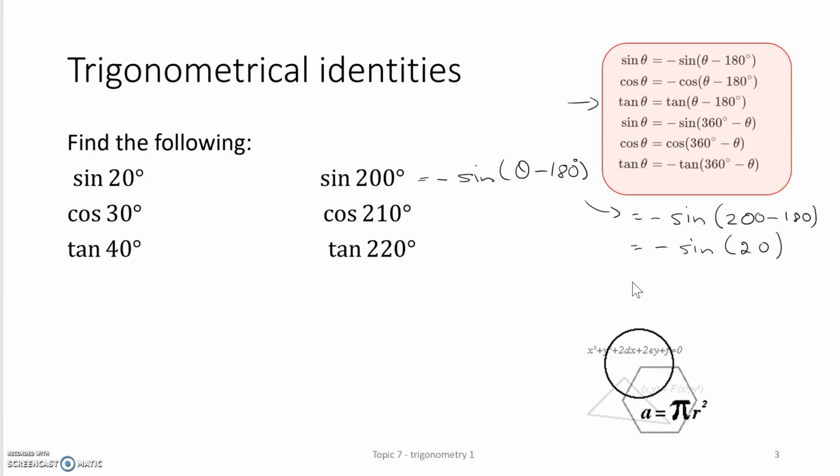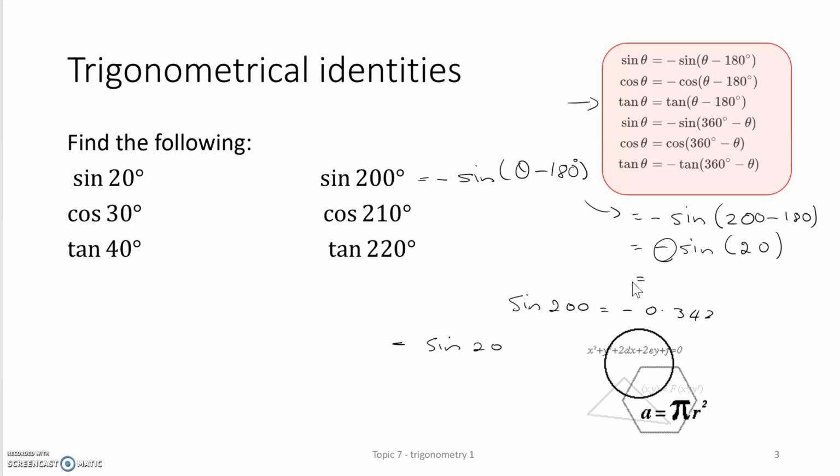Okay, we're looking up sine 200. We could have just looked up sine 20 and made it negative. You check that out. Sine 200 equals negative 0.342. And let's look up sine 20, and we need to have negative sine 20.